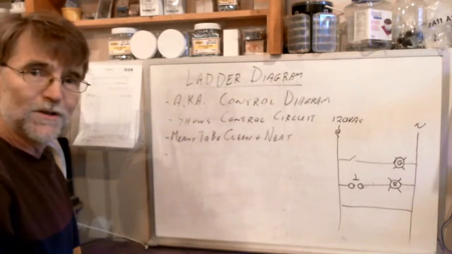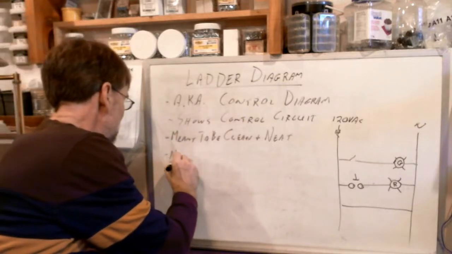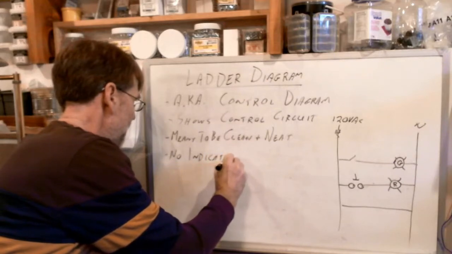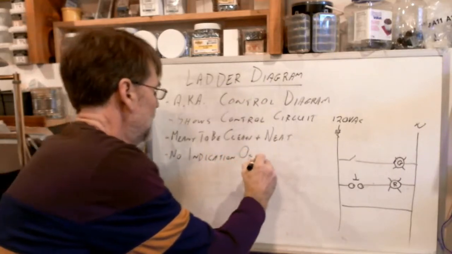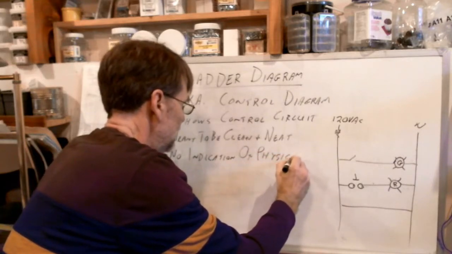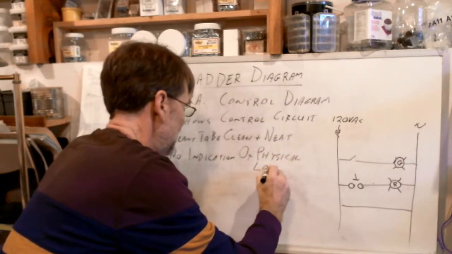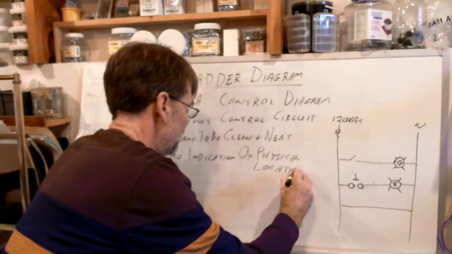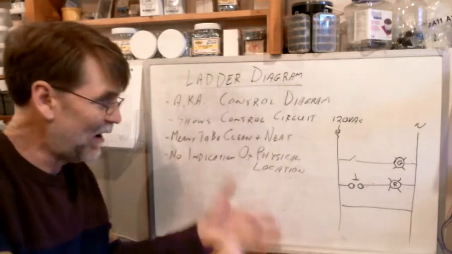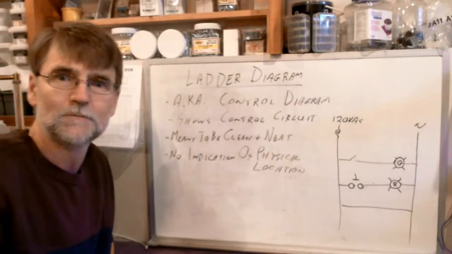The way we accomplish this is that there is no indication of physical location. Where stuff actually exists in real life on the lab station, we don't care.